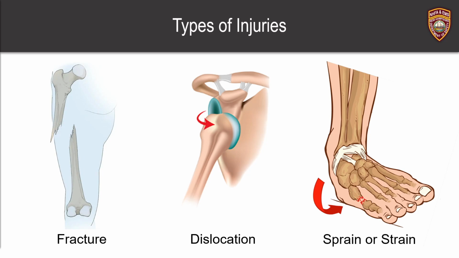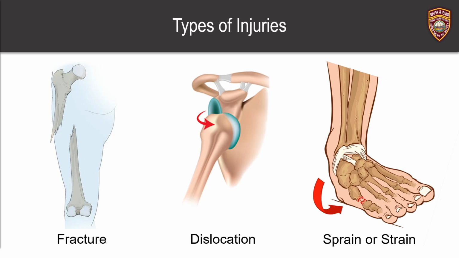So finally, we have sprains and strains. A sprain is a joint injury caused by excessive stretching of the supporting ligaments, and it can be thought of as sort of a partial dislocation. The bones don't come out of joint, they stay in joint, but you're stretching and tearing the supporting connective tissues that hold the joint together.